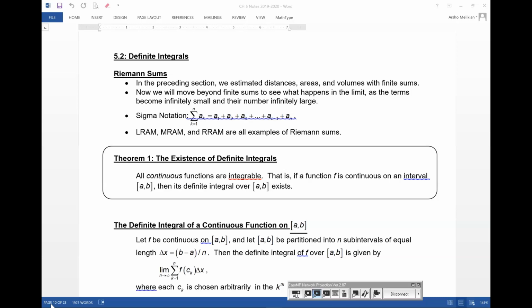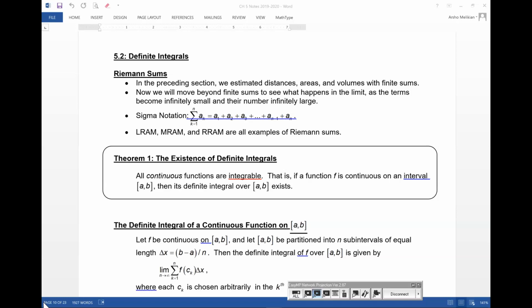Now, as much as we said that we have a large number of rectangles and a large number of trapezoids, what we were doing was still a finite number, right? Like we were doing 10, 20, 5 subintervals.